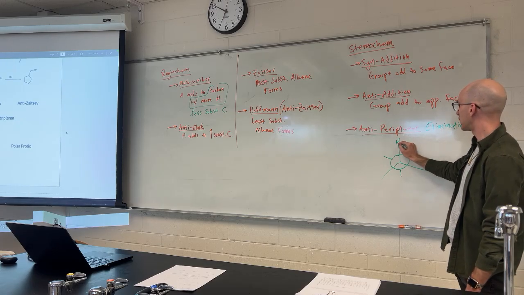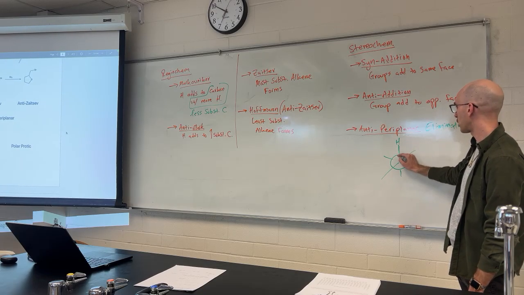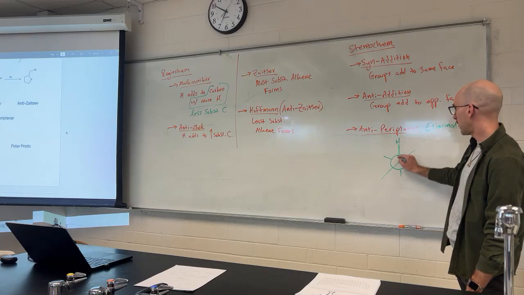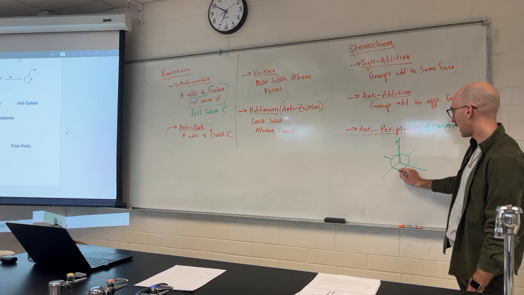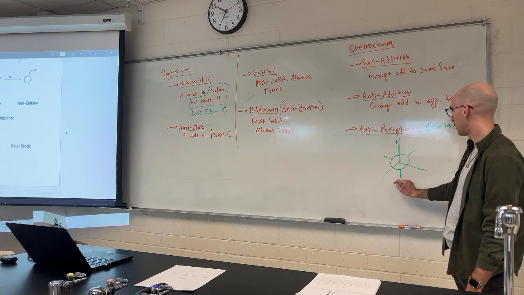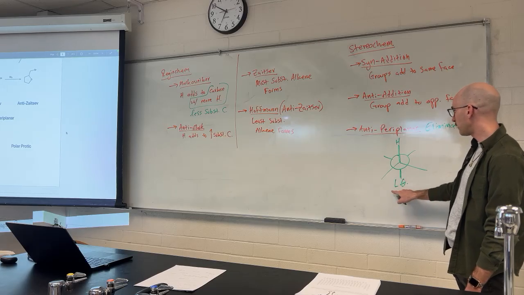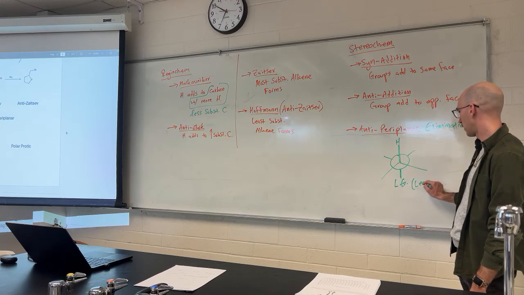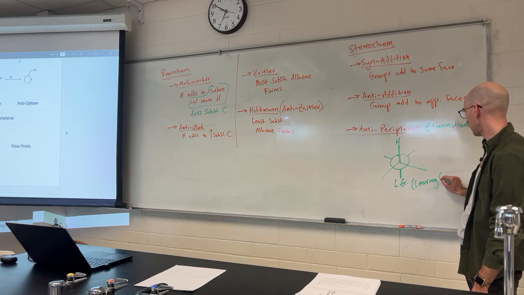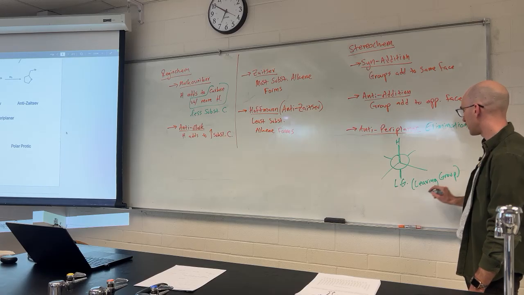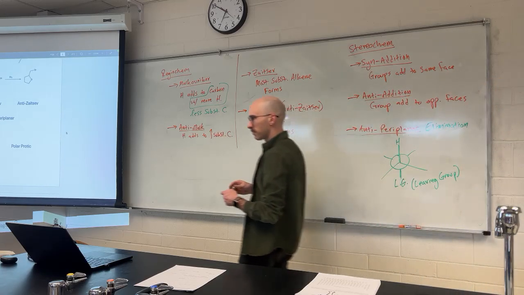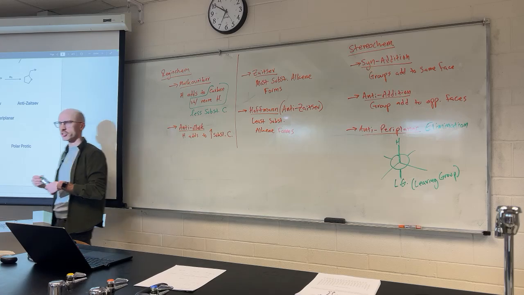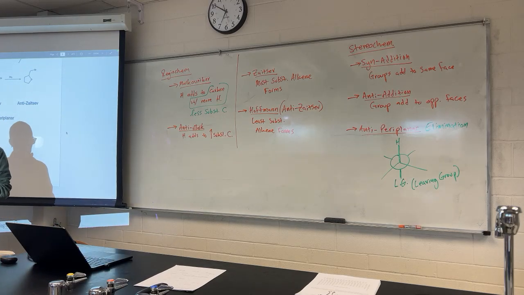And we need to have a hydrogen that is anti and in the same plane to a leaving group. And that orientation is really well identified from our Newman projection. They're just directly anti to each other.